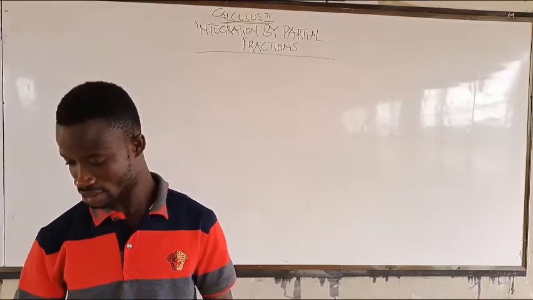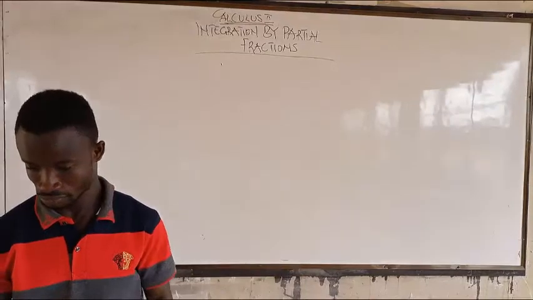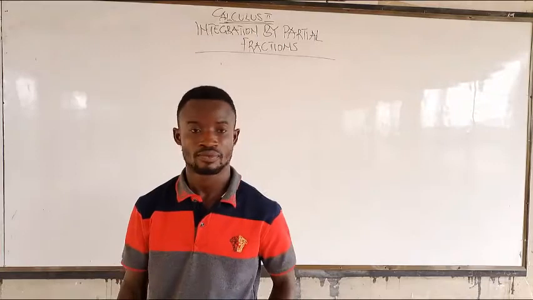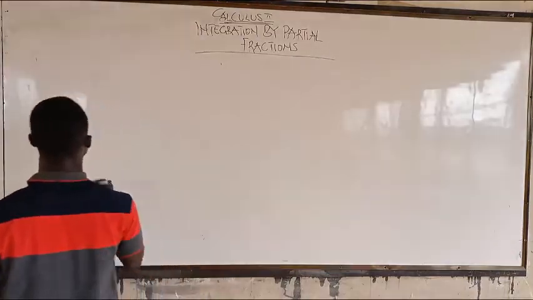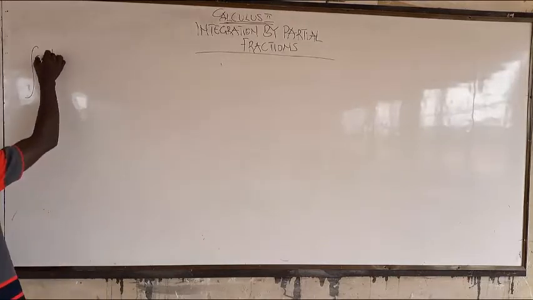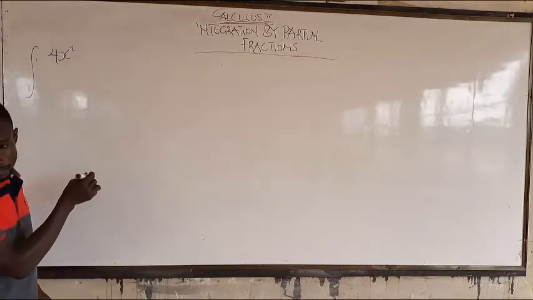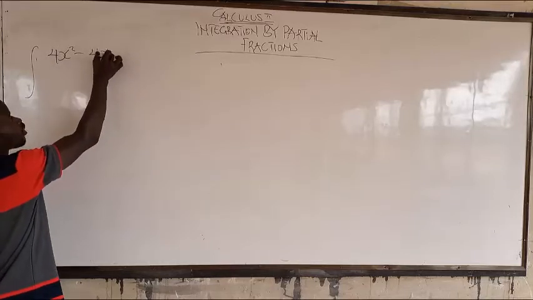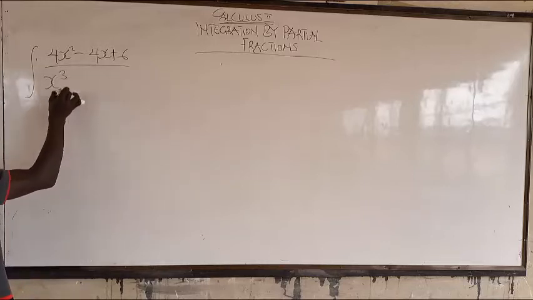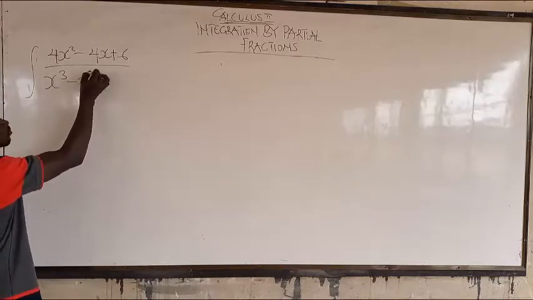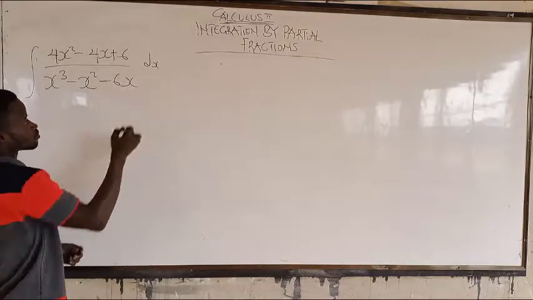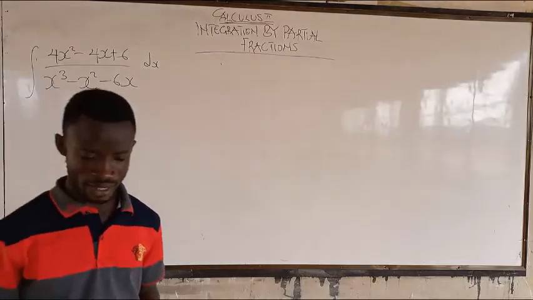Let's try another question. Now, what if we have the integral of 4s squared minus 4s plus 6 over something in this form?